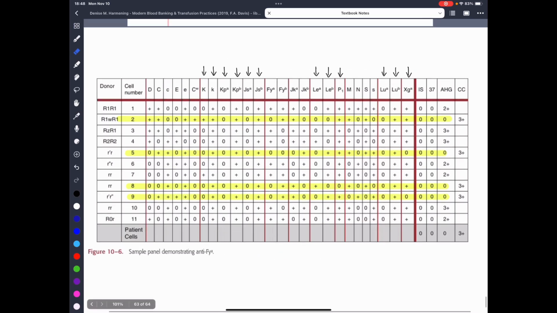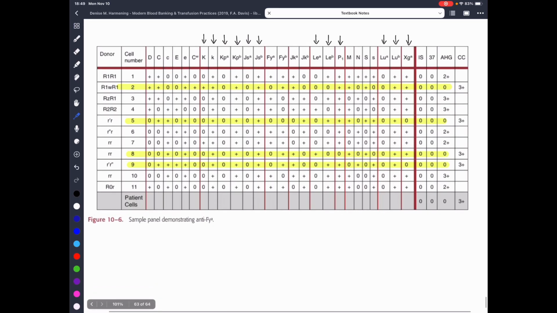And so it is common practice to cross these out if they are heterozygous or homozygous. But I did notice that Anna, our professor, does not cross these out if they are heterozygous, but you can according to the textbook.